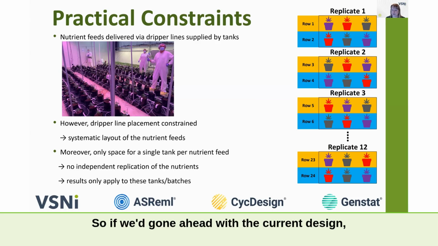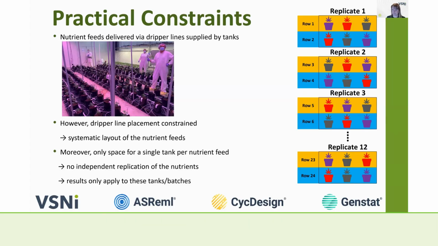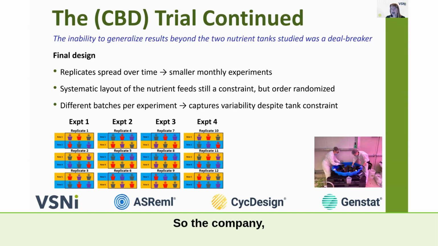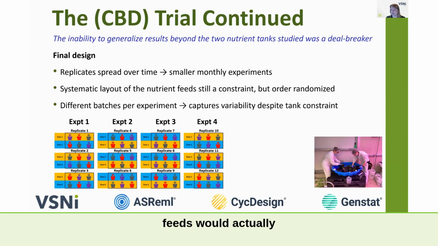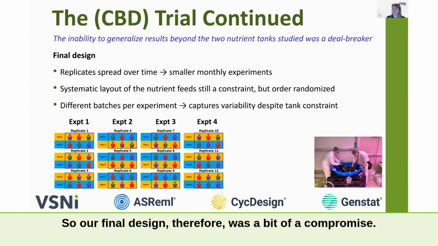So if we'd gone ahead with the current design, we'd run into that single batch problem we talked about a few slides ago. So the company really needed to be confident that switching feeds would actually improve performance. So the inability to generalize results to other batches was a deal breaker. Our final design, therefore, was a bit of a compromise.